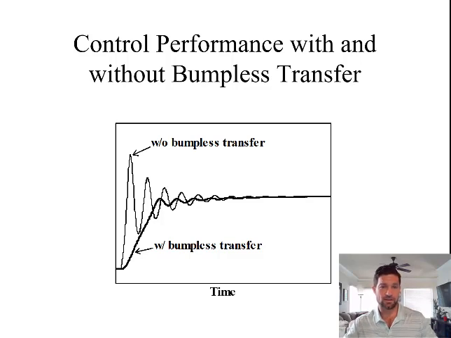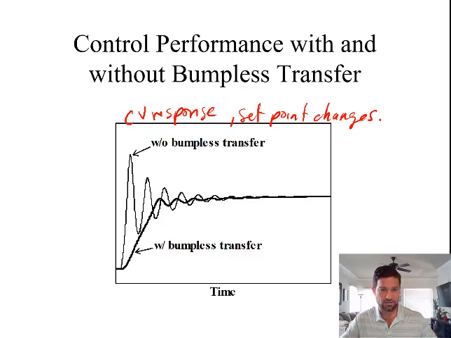So this slide right here shows an example of the control variable, so CV response, with and without Bumpless Transfers for set point changes. So without Bumpless Transfer, so again, let's just plot on here. Maybe there was a step change asked for by the user. So without Bumpless Transfer, what we see is that we have these large oscillations that occur in the system, and the system levels out eventually and gets to the current value.